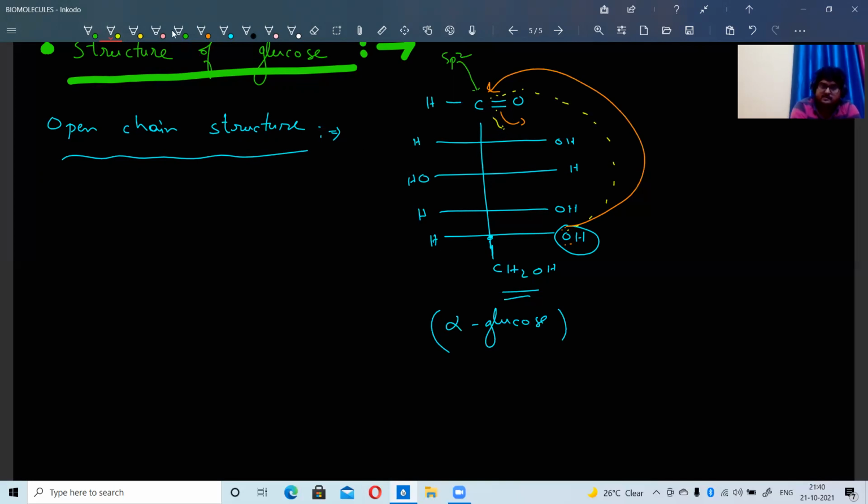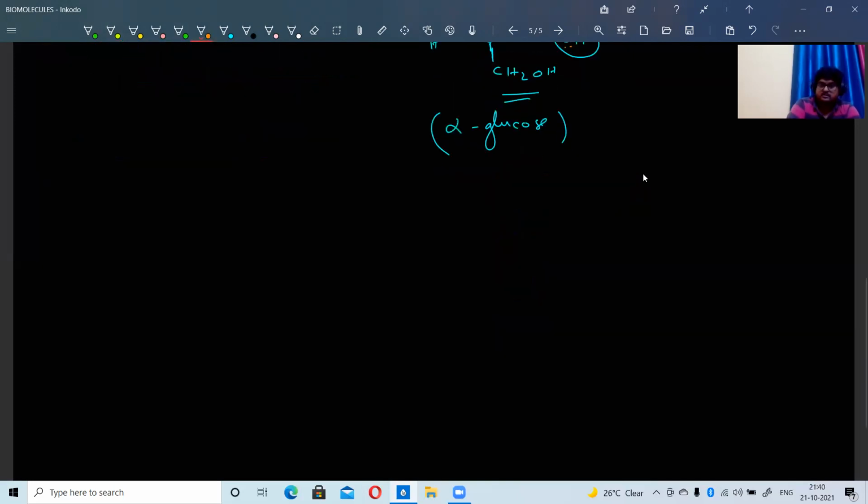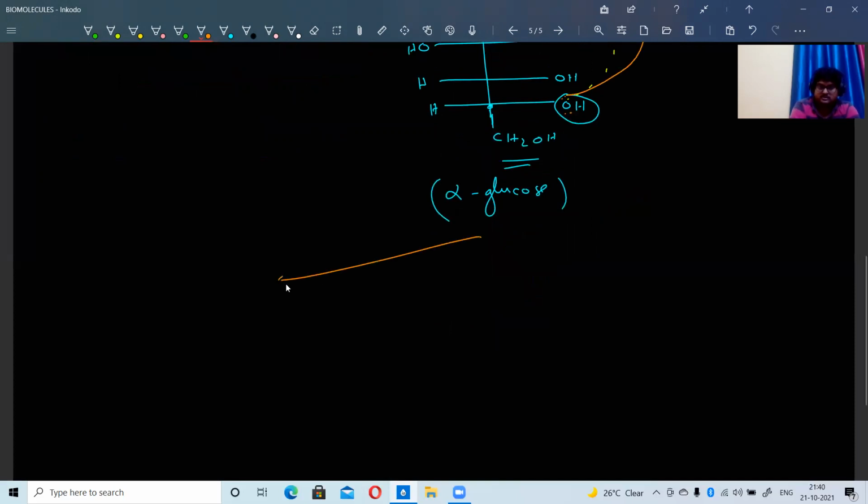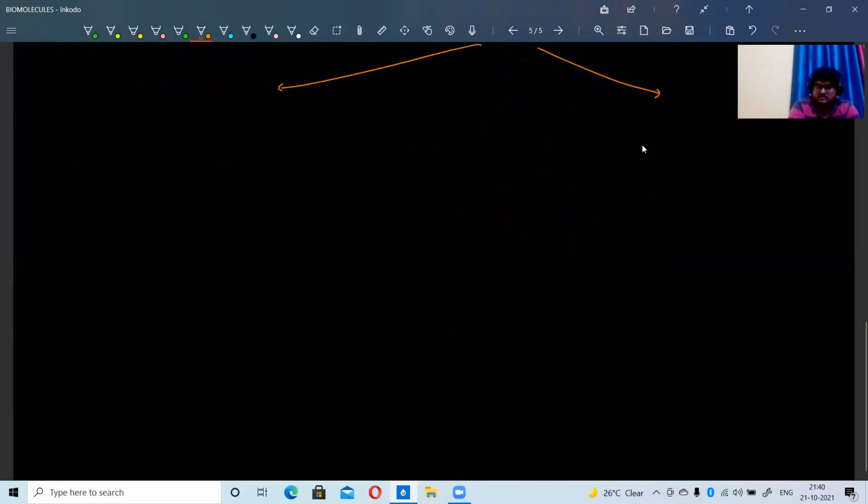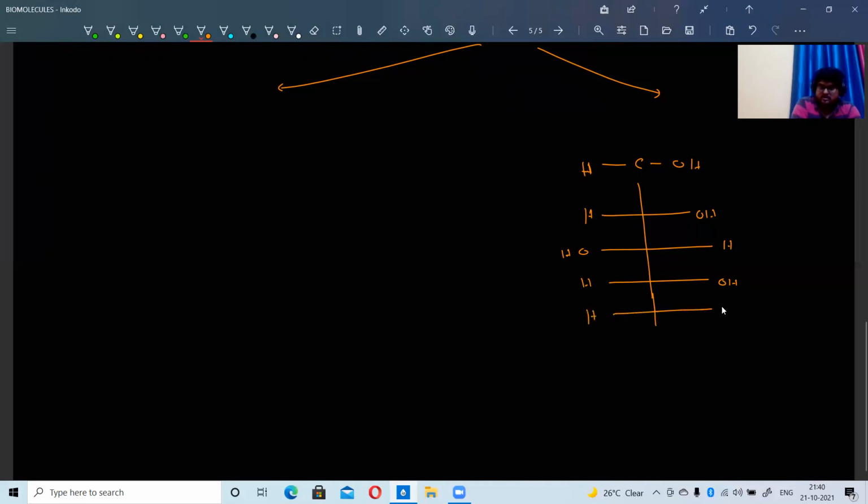Now if you go through the above the plane attack, then you get this structure. If you draw the structure, what will it be? CHO, OH, H, OH, H, OH, H, and this oxygen is directly attached with this one.